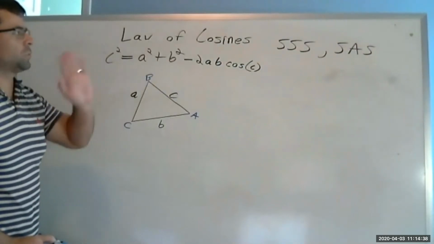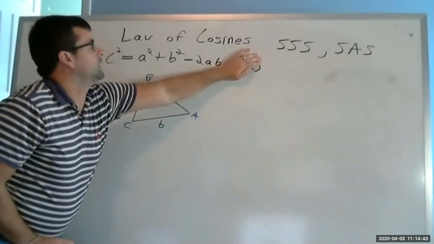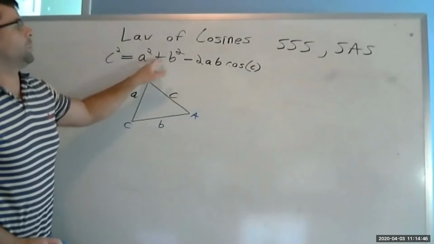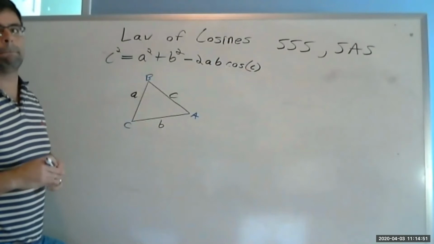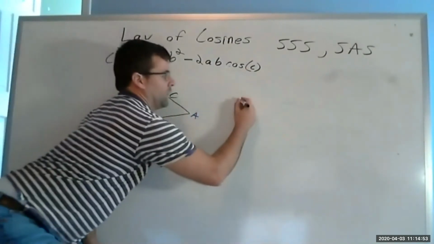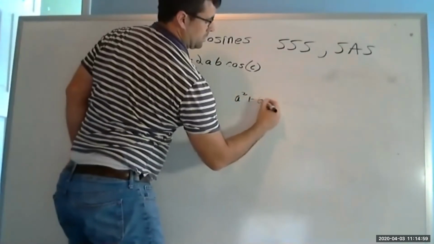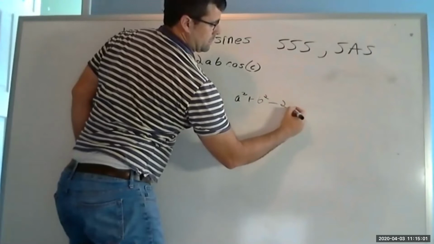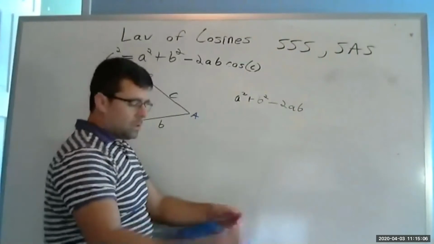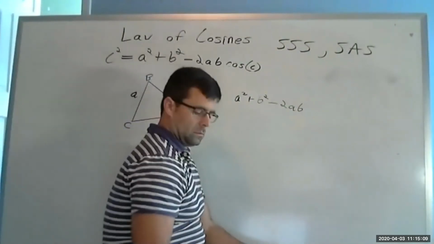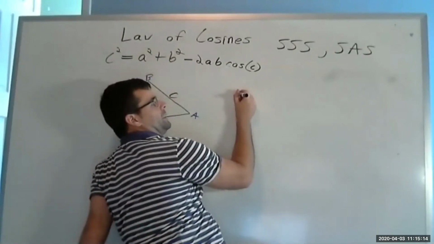So just real quick, if you ignored this cosine piece, what is a squared plus b squared minus 2ab? If I were to just write that, we'll write it in a slightly different order.